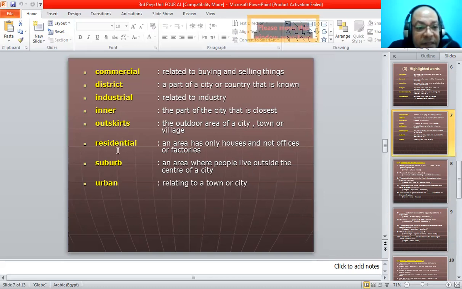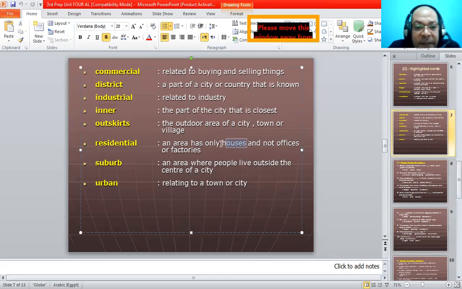Next we have residential, an adjective meaning residential: an area that has only houses. Be careful: only houses, not offices or factories. We also find it full of schools, so there are many schools in a residential area, and there are no factories in it. Suburb has in before it, while outskirts has on. Suburb: an area where people live outside the center of a city.